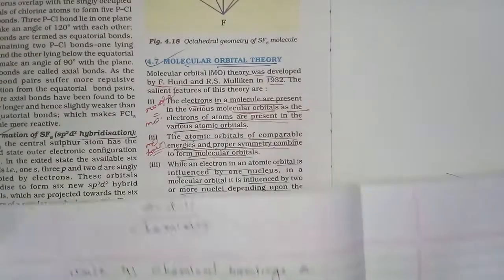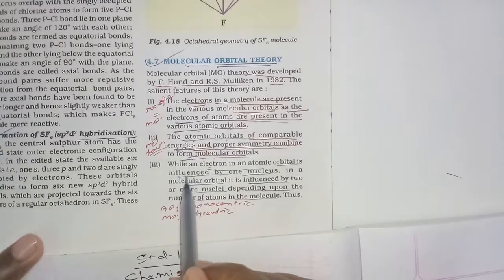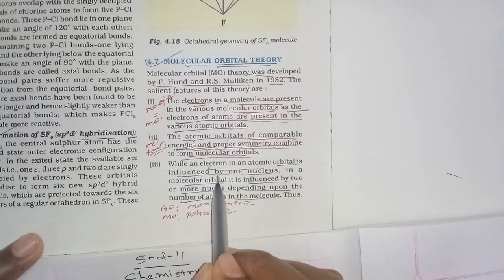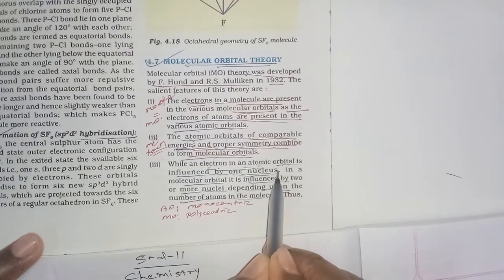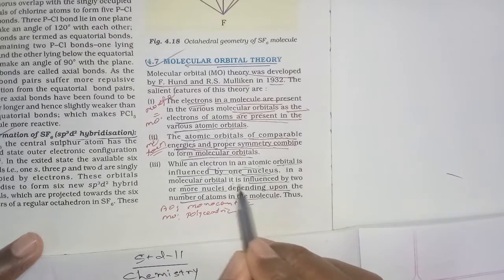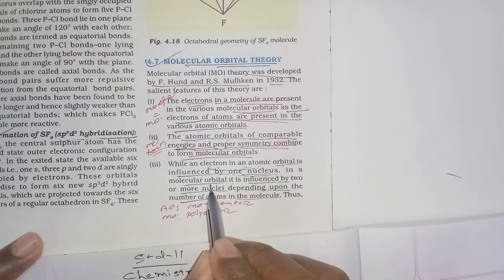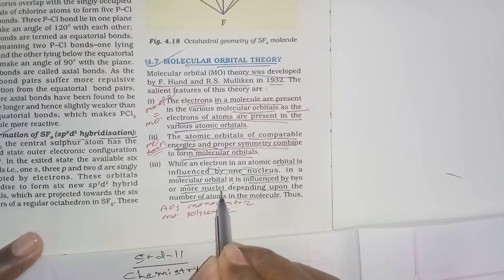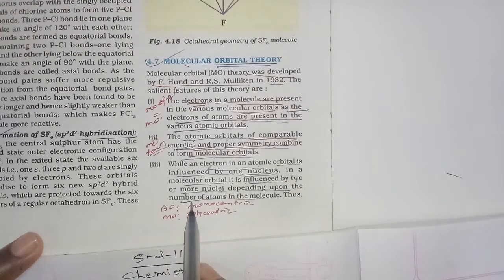Third, an electron in an atomic orbital is influenced by one nucleus, while an electron in a molecular orbital is influenced by two or more nuclei, depending upon the number of atoms in the molecule.